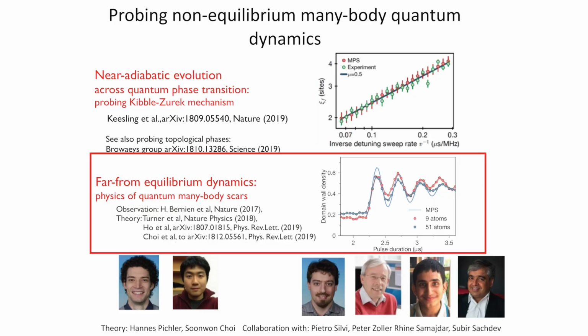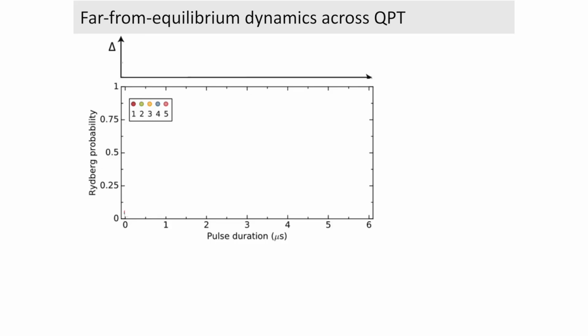That's the subject related to something called quantum many-body scars, where in particular Hannes and Sun Won, who are here, really helped us understand. This was, I would say, one of the first experimental discoveries made with true quantum machines. The idea there was the following. Instead of going adiabatically across the phase transition, we did the following experiment.